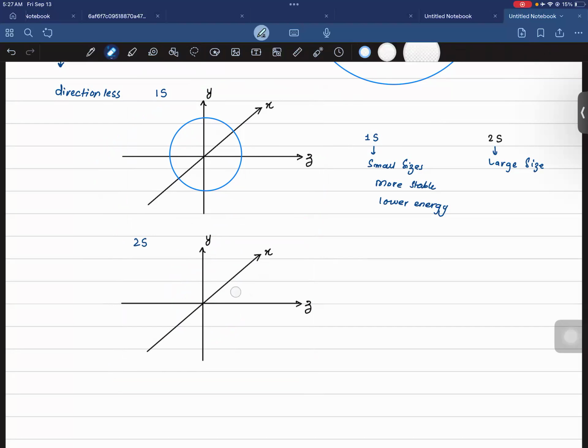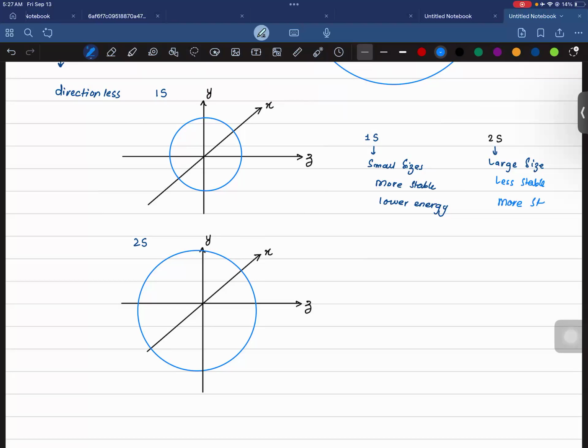It's very simple. As you can see, the size of the sphere is going to increase. So obviously this is 2s, large size, less stable. Less stable means more energy.